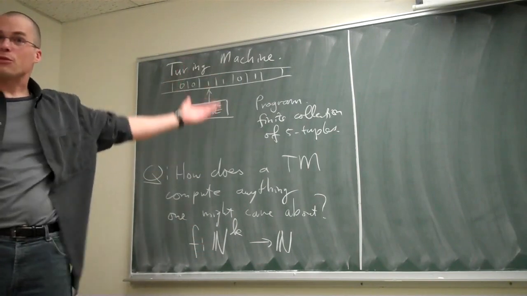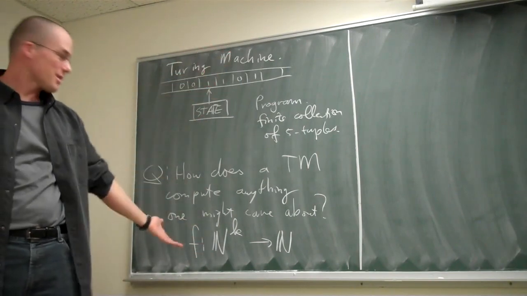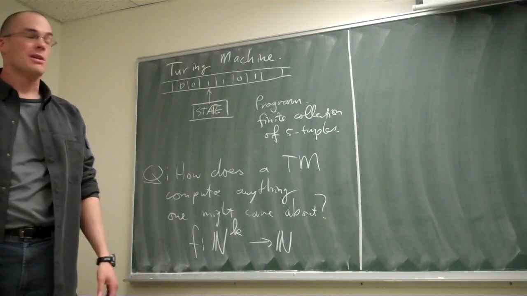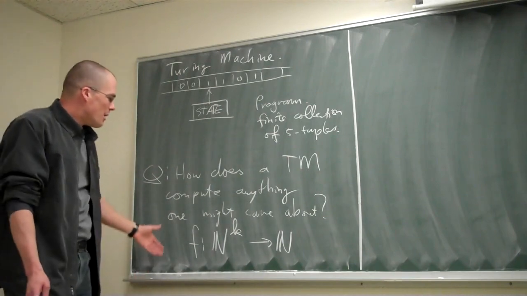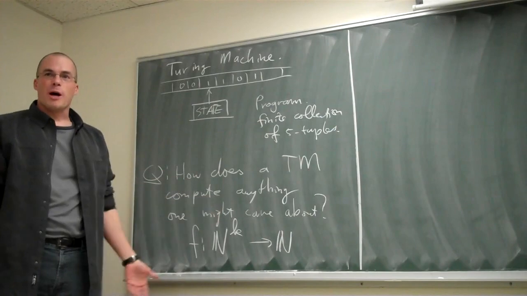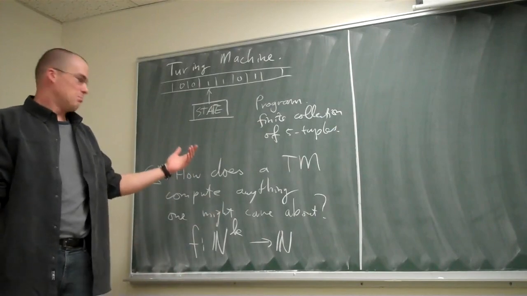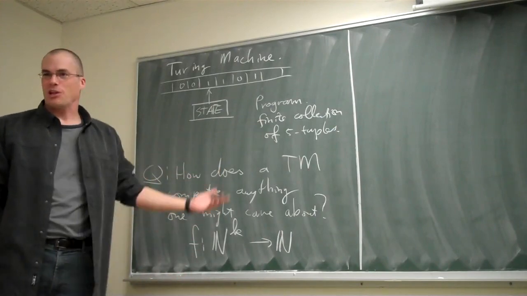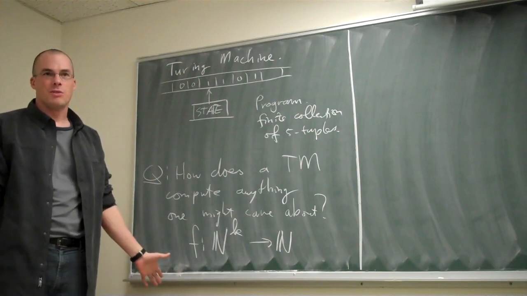Currently, certainly not true, because these are sequences of zeros and ones, and we were talking about natural numbers. And so, what we'll have to come up with are reasonable input and output conventions.